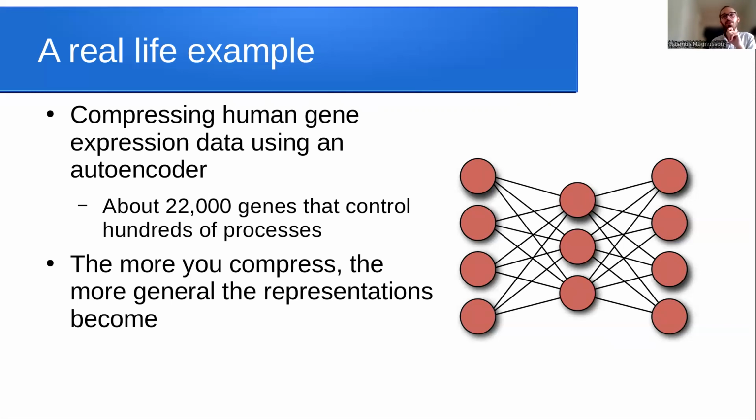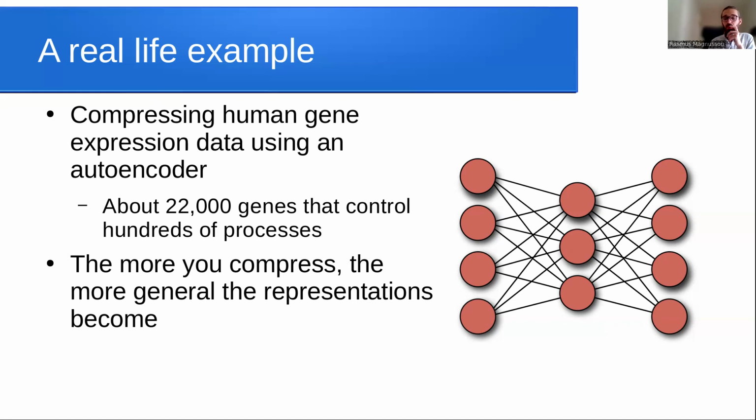Also, the dependencies between genes are very nonlinear. So using an autoencoder is a very important tool to try to understand exactly what is going on in the cell.